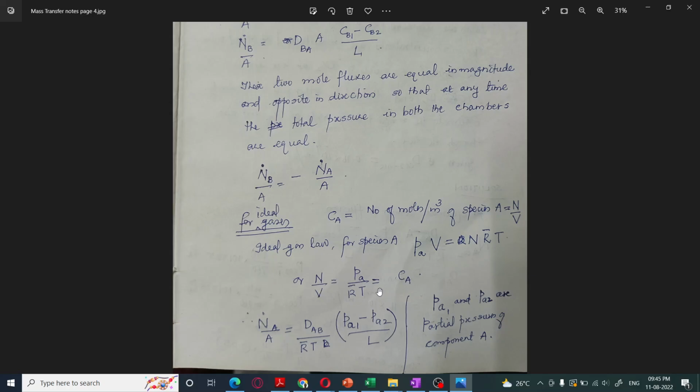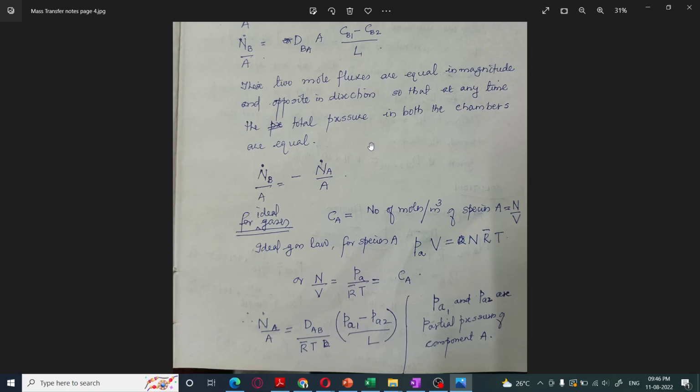So n by V is equal to P divided by R bar T, and this is nothing but the concentration Ca, in kilomoles per meter cubed. So Ca can be replaced with Pa divided by R bar T, where Pa is the partial pressure of the species A, which is our interest.